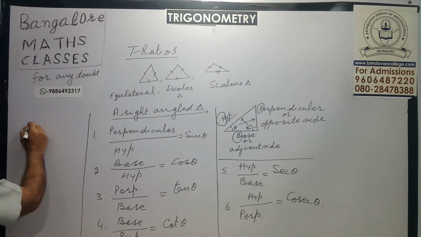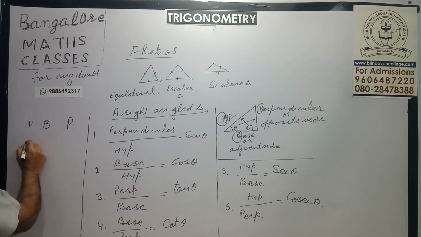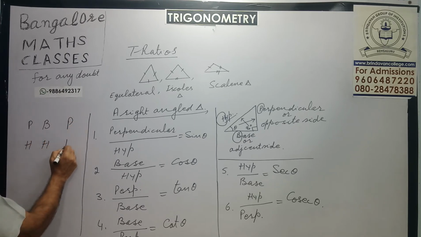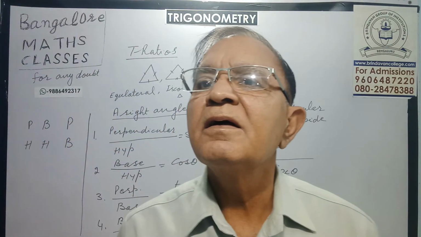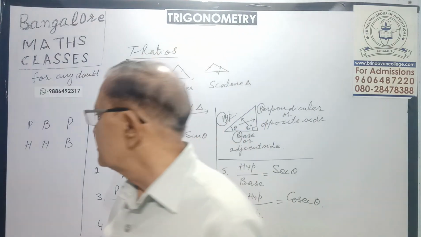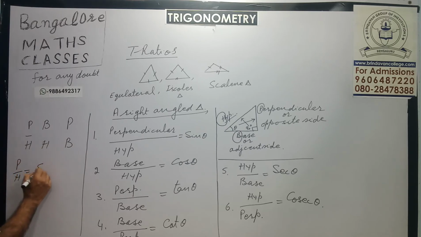Learn it as PBP and HHB. PBP: ratio of the first two, P by H, is sin theta. Ratio of the next two, B by H, is cos theta.